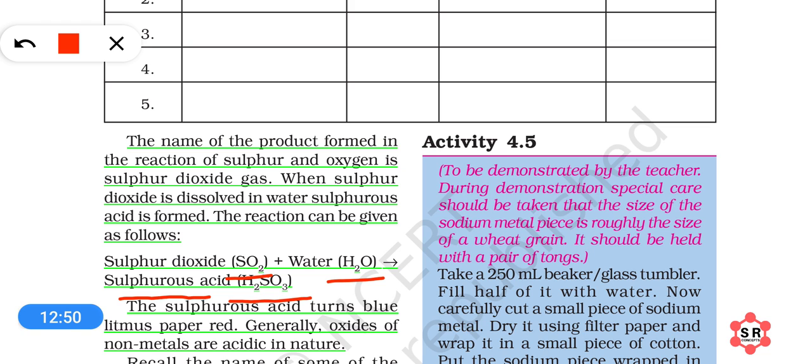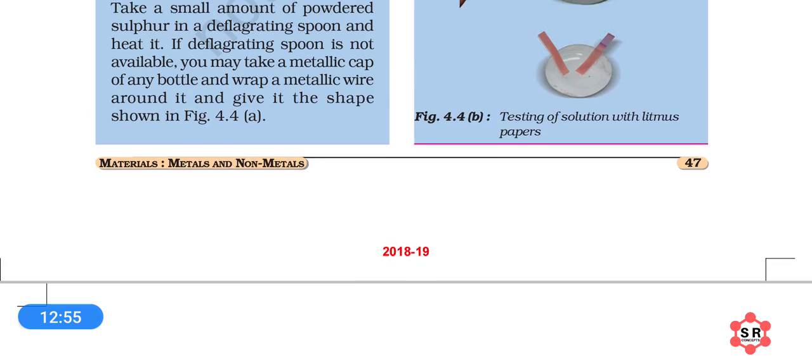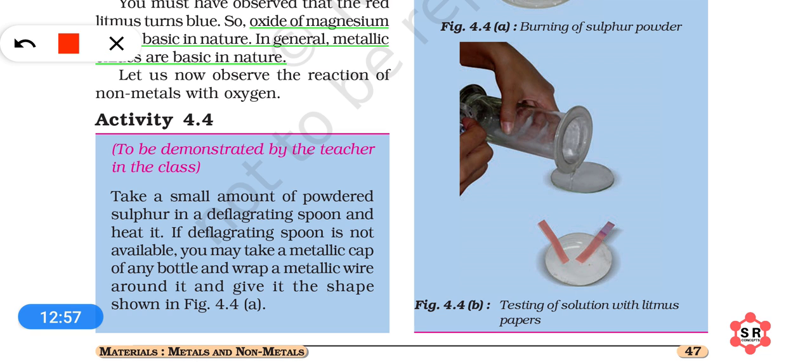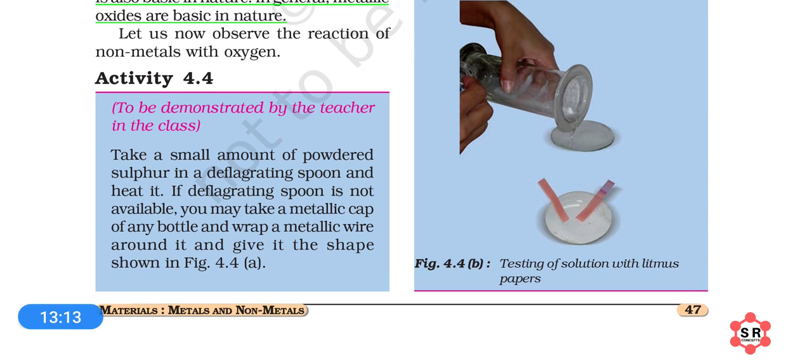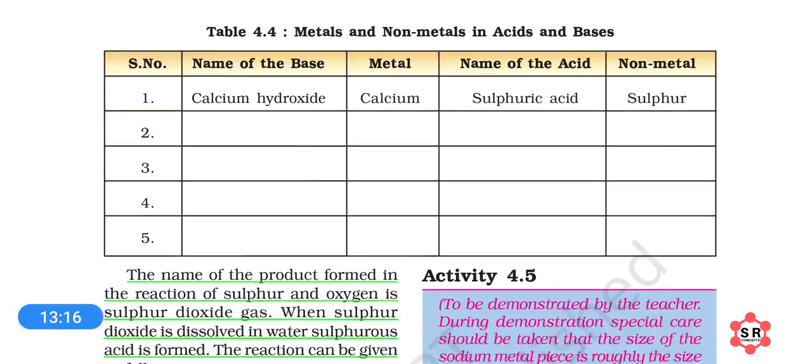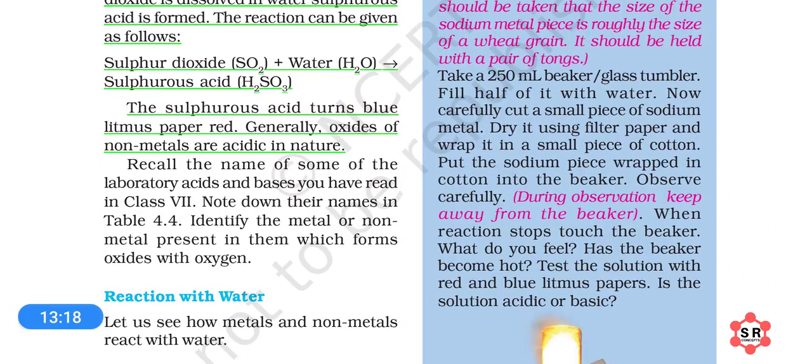And this is why the solution inside the glass bottle turned blue litmus to red, because the solution was an acid, that is H2SO3 or sulfurous acid. So now we have come to the conclusion that oxides of non-metals are acidic in nature.